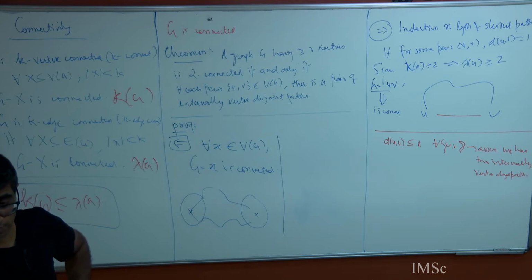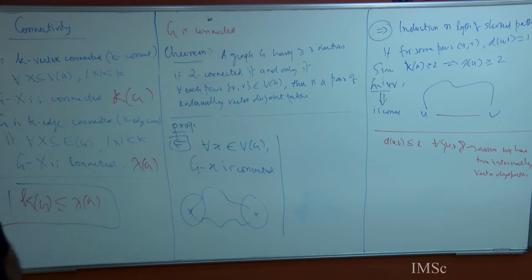G is always 2-connected. Yeah, G is given to you, G is fixed. So that means in G minus X, every u and v are still connected. But here we are removing an edge, right? Yes. So why do we know this is connected?